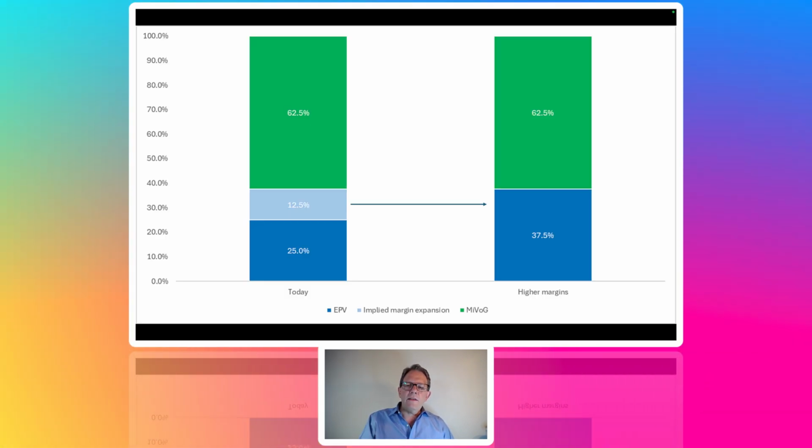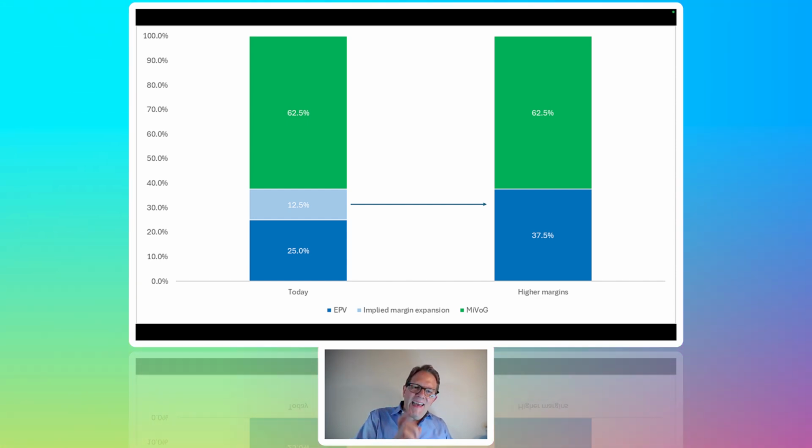All right, so this is what it looks like. This is the key. Today, if I look at the enterprise value, 25% of the value is the current earnings power value with the current margins of 10%. It also has an implied 12.5%, which is earnings power value with the margin expansion. So margin expansion is going to create 12.5% more earnings power value.